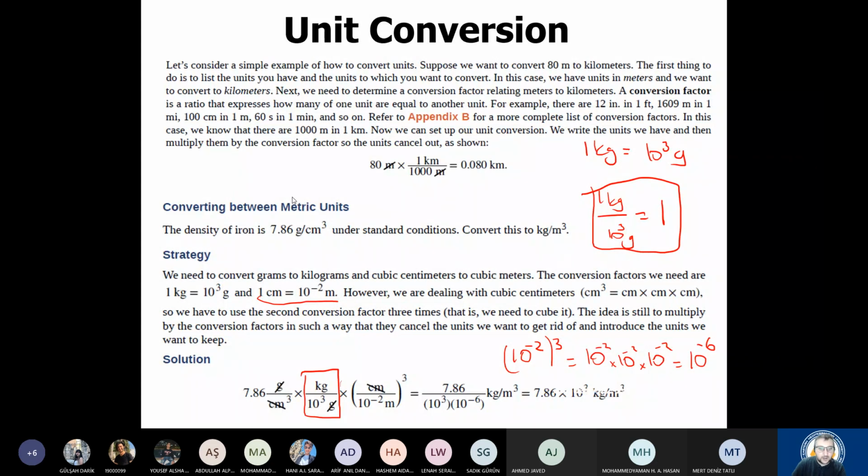Then you multiply by the conversion factor. The conversion factor is 1 kilometer equals 1000 meter, so you multiply by 1 kilometer over 1000 meter. Meter with meter cancel each other, so at the end you find the answer in the unit of kilometer.